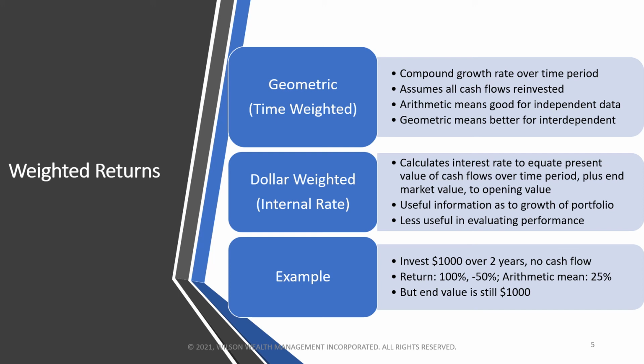So where arithmetic is good for independent data, for example, I'm in a classroom of 30 students, and my results on my exam, unless we're all cheating, is independent of the people beside me. So that's independent.